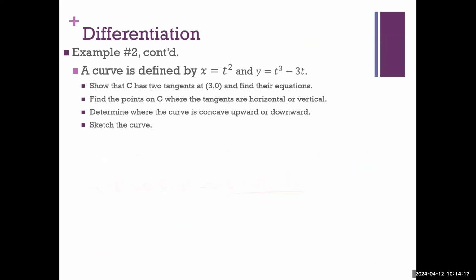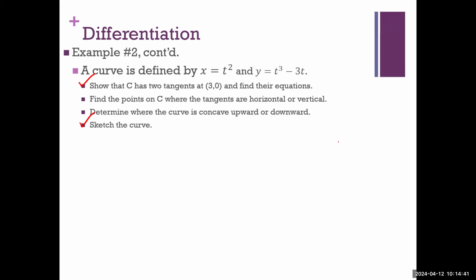Okay, let me get a clean slide to do the rest of this. We already sketched the curve and found the equation of one of the tangent lines. So let's handle the next one. I want to find the points on this curve where the tangents are either horizontal or vertical. What does that mean? Let's pick one to start with.